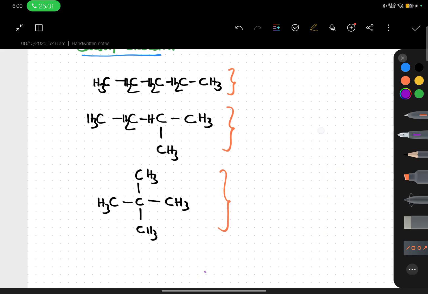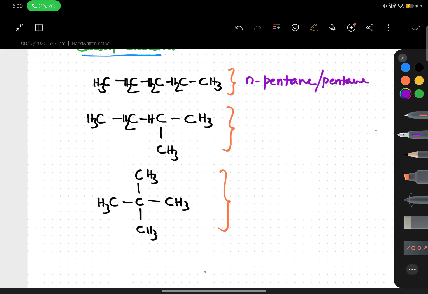So every time you can see one of the carbons is moving from the long chain to the branching. If such a thing happens, it's called chain isomer, nuclear isomer or skeletal isomer.